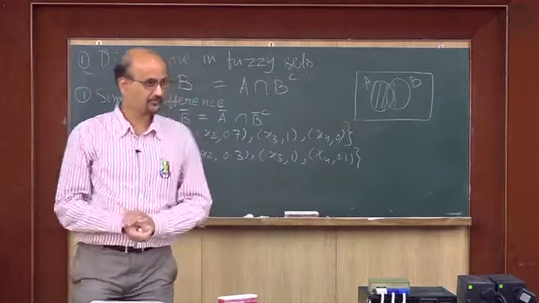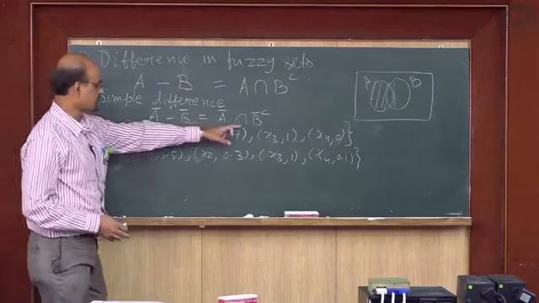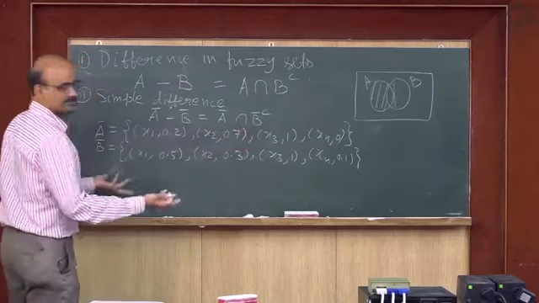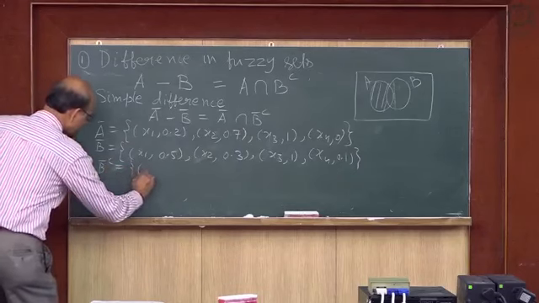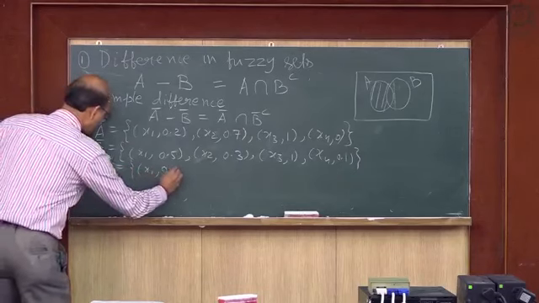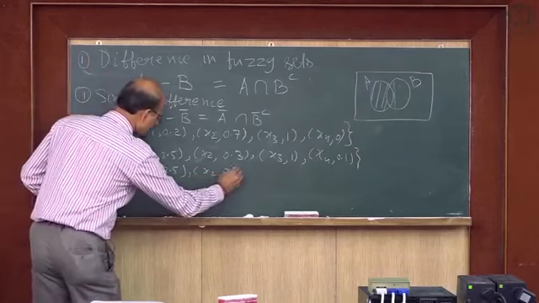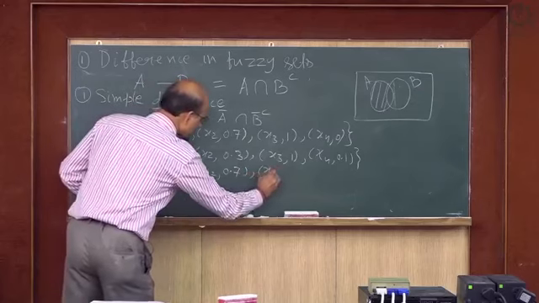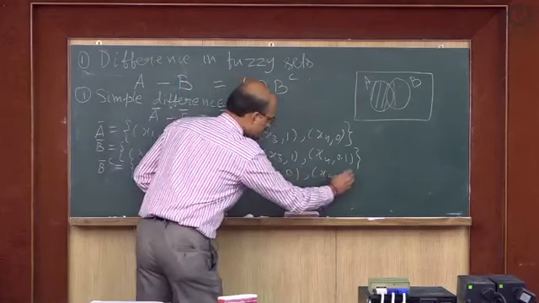I want to have the difference, that means A bar minus B bar. So, I have to first find B bar complement and take the intersection. So, B bar complement will be your x1 0.5, x2 0.7, x3 will have 0, x4 0.9.